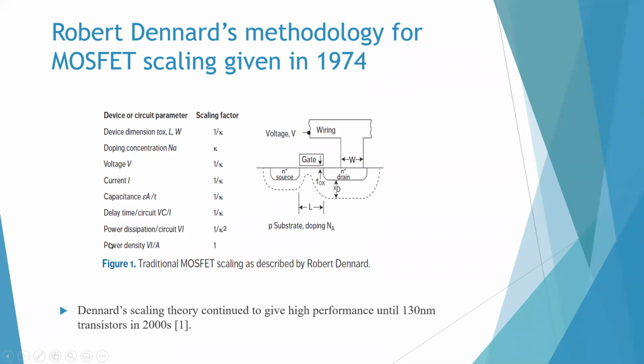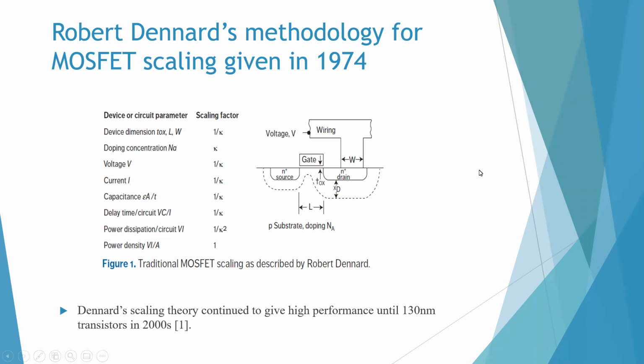As a result of scaling the MOSFETs according to Dennard's scaling theory, it resulted in high performance transistors providing higher drive current and lower parasitic capacitances. And it continued until 130 nanometer transistors in the 2000s.